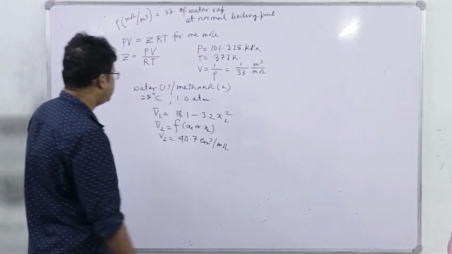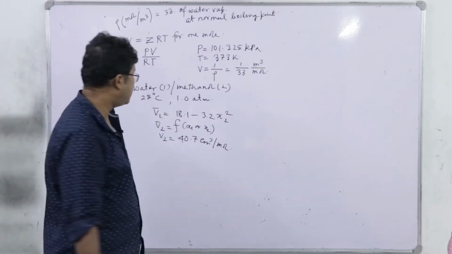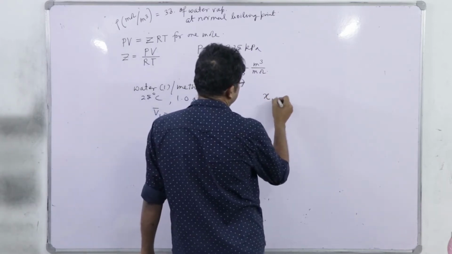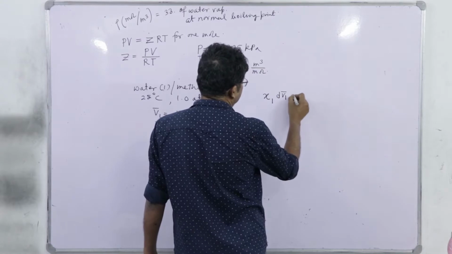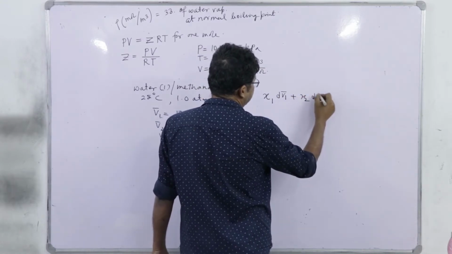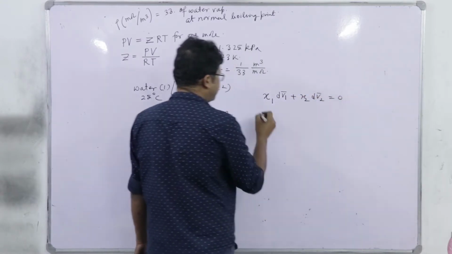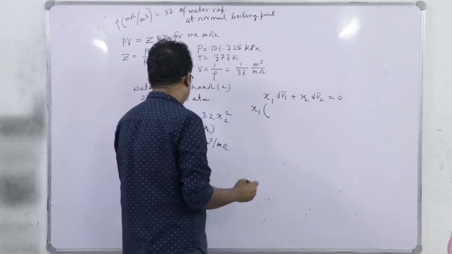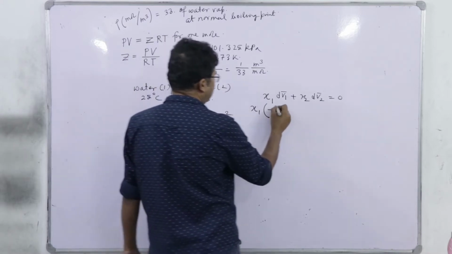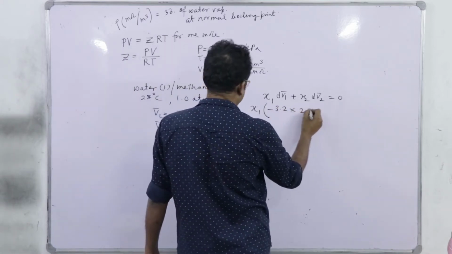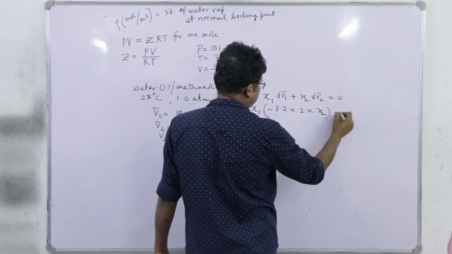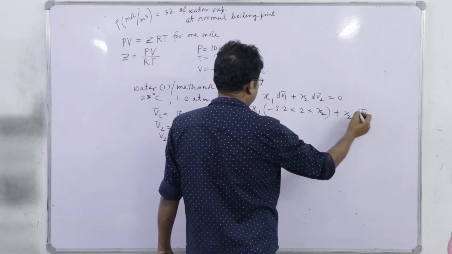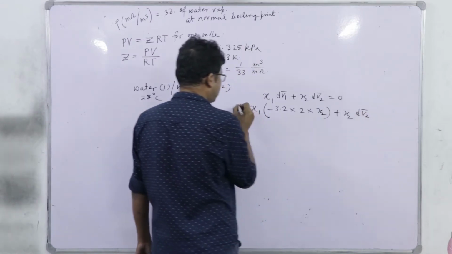So, basically you see here we have to use Gibbs Duhem. Okay. So, x1 dV1 bar plus x2 dV2 bar equal to 0. So, x1 dV1 bar equal to minus 3.2 into 2 into x2 dx2 obviously.